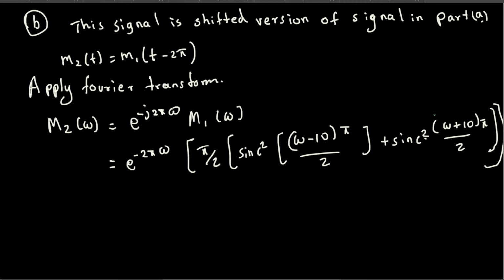Okay, so bracket. There should be j also here, e power minus j2 omega. So if we do that, this is equal to M2 of omega. This is the Fourier transform.